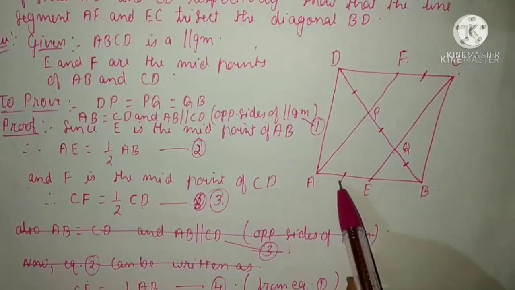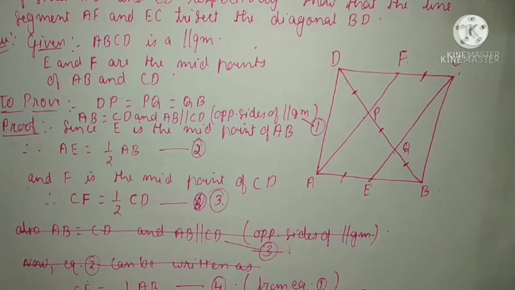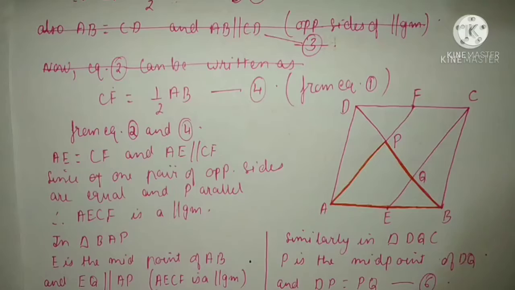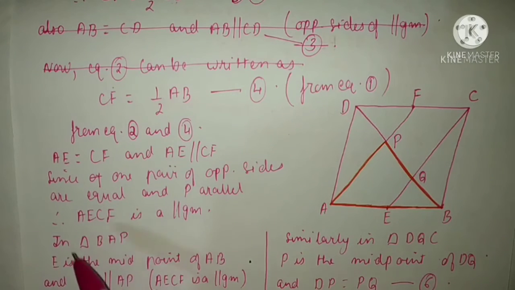Now this is AE and this is CF. Now if these both sides are equal and parallel, that means this is a parallelogram. So AECF is a parallelogram. So we can write, since one pair of opposite sides are equal and parallel, therefore AECF is a parallelogram.